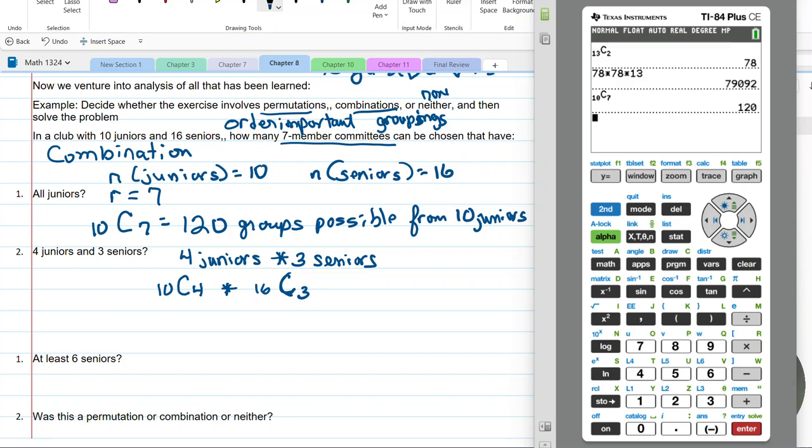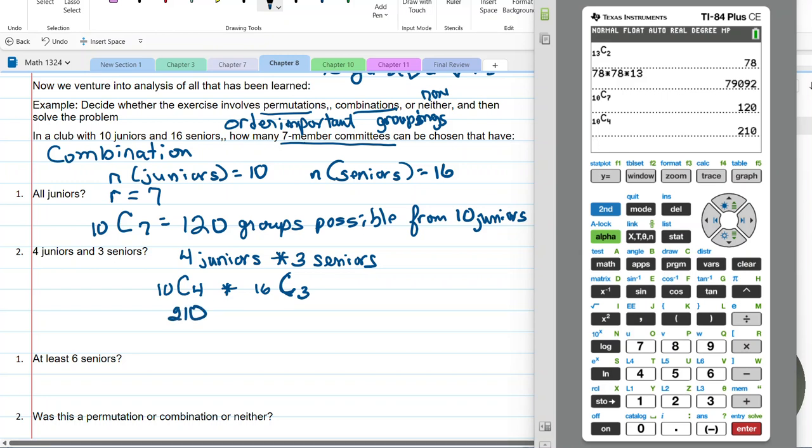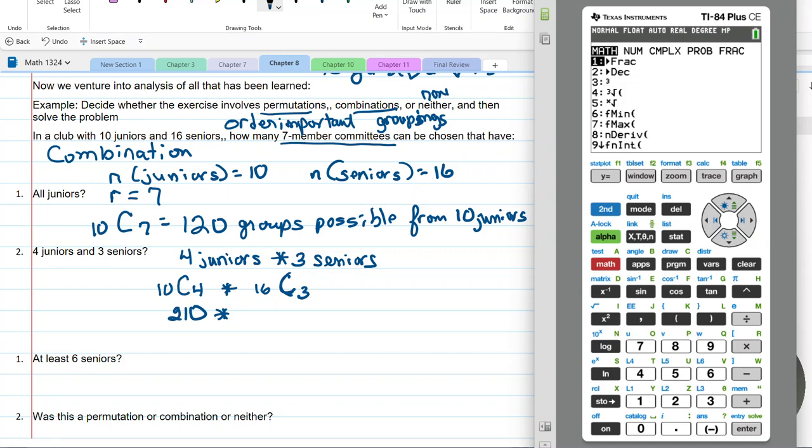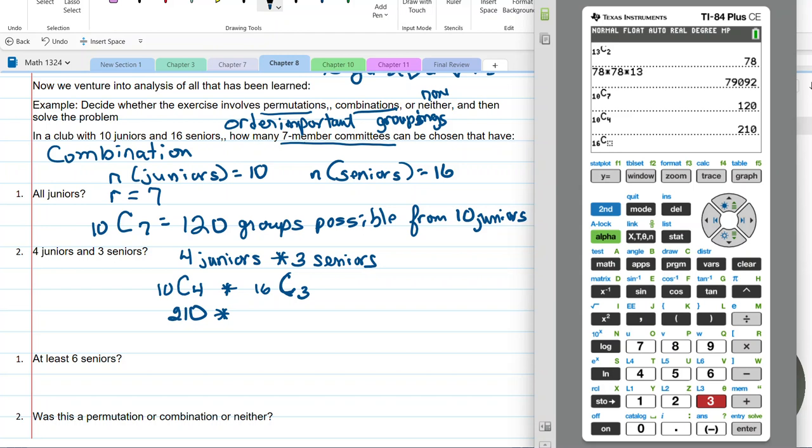So we're going to do the math. Now remember, you can do it all in one. You don't have to do it individually, but I'm doing it for instructional purposes so that we see the numbers and how they work. So this one is 210, and 16 math, PRB, choose 3, and enter, 560.